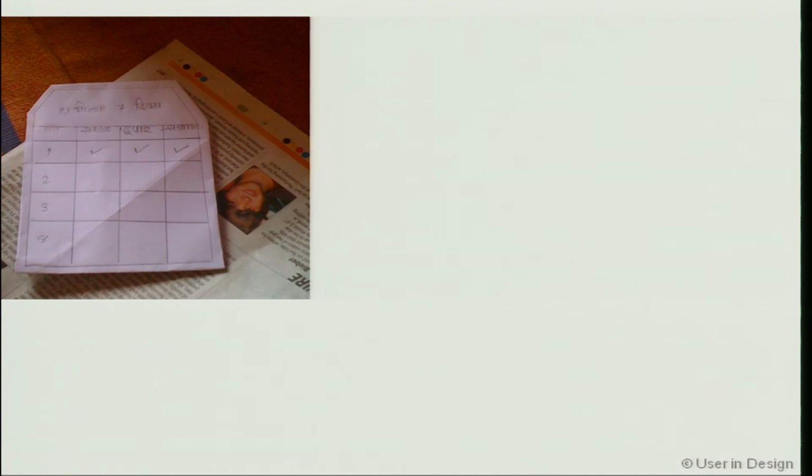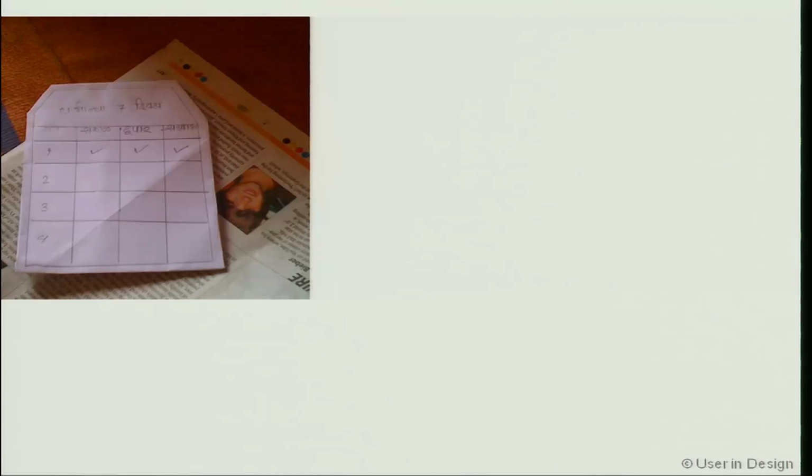Okay? Now, I did a workshop in rural Maharashtra with about 11th, 12th standard children. I gave them the exact same problem that Deborah Adler faced and solved through her master's thesis, except that I told them that you need to create your design with a single sheet of paper.